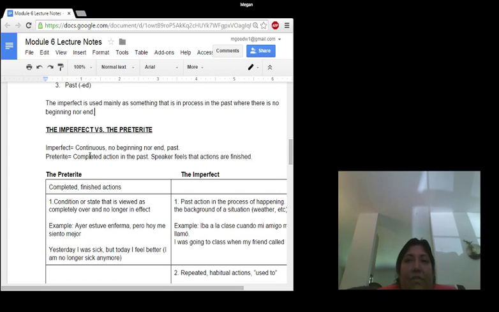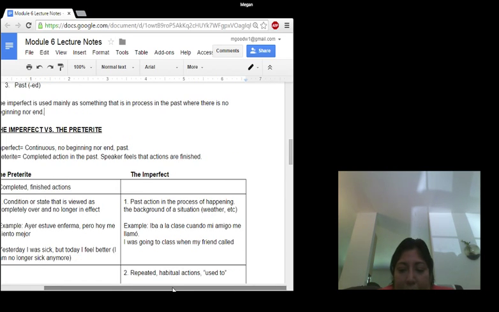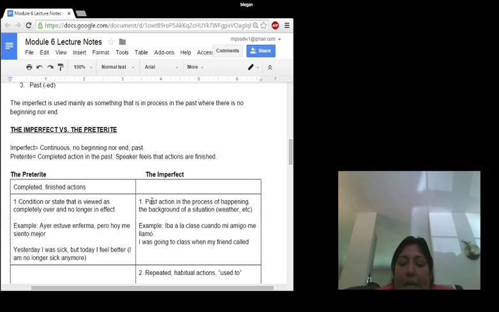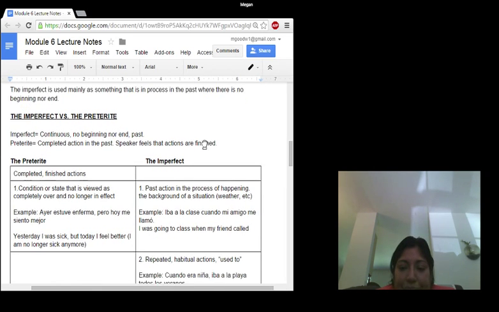And as a general rule, the preterite is a completed action in the past, where the speaker feels that the actions are completely finished. Here is a table of both of the tenses together.